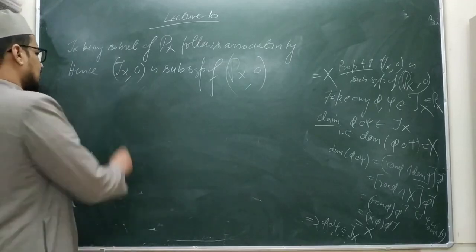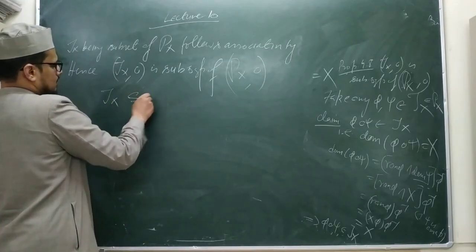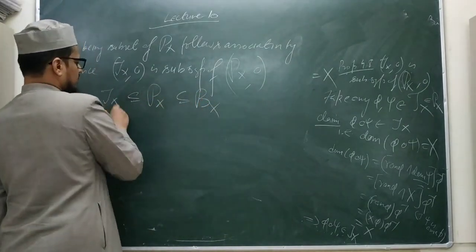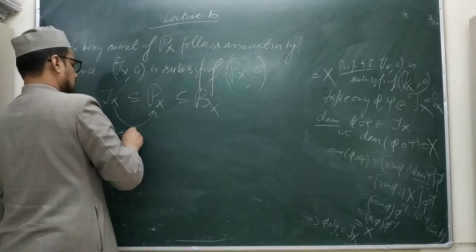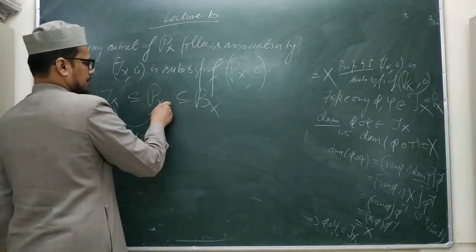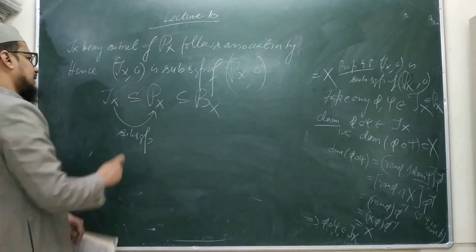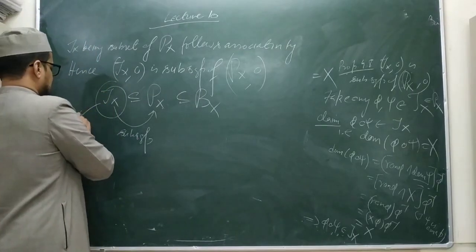Isn't it? So what happens? Tau X, we have shown that it is a subsemigroup of Px. So we have shown that tau X is basically a semigroup. Correct?